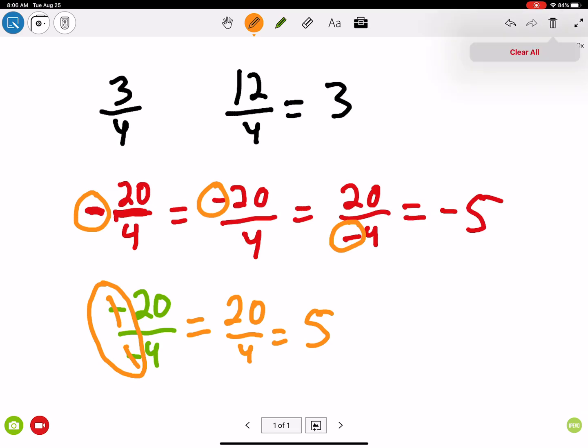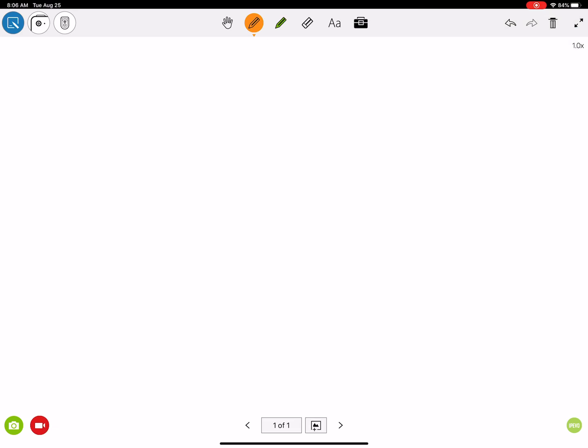So let's say instead of just integers like we just did, now we're going to multiply fractions. Well, here, let's say I did 3/2 times negative 2/3.